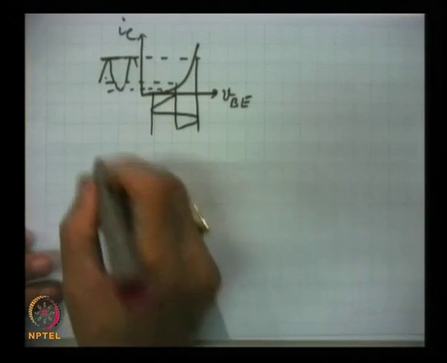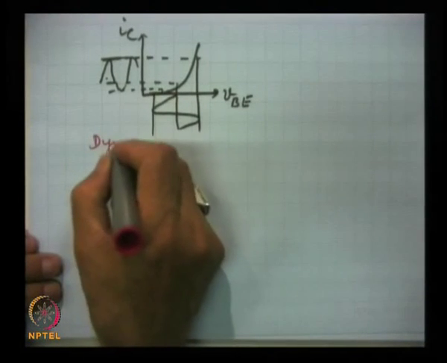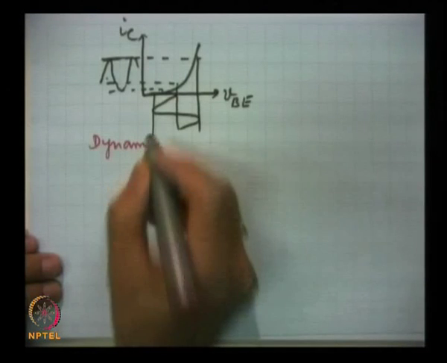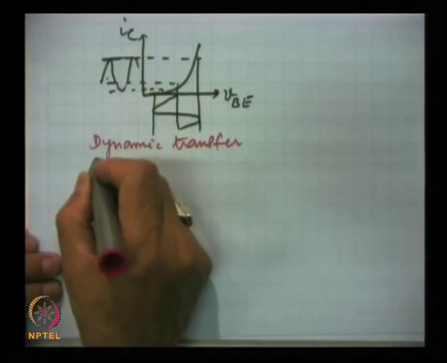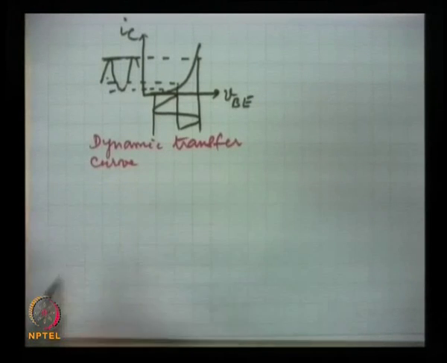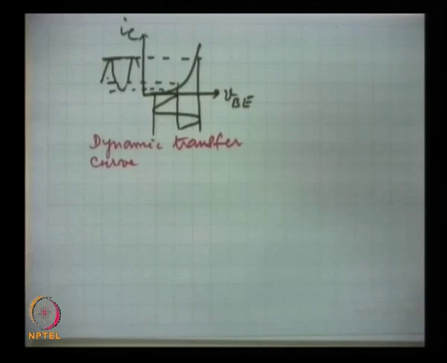This is the dynamic transfer curve. In a transfer curve, one parameter of the output port is involved and the other parameter is from the other port.